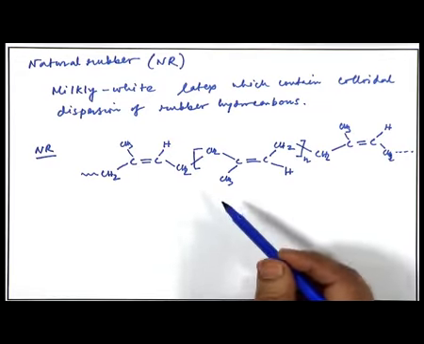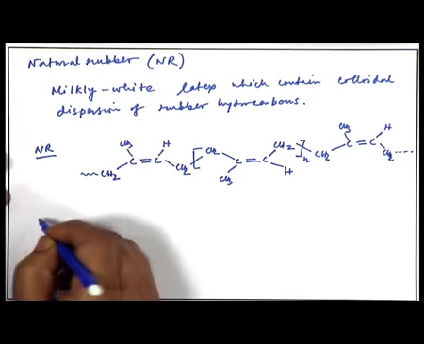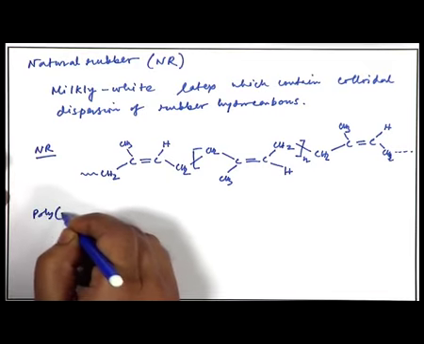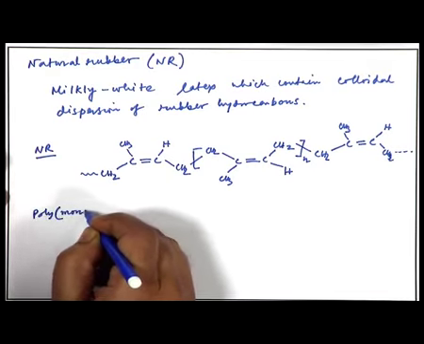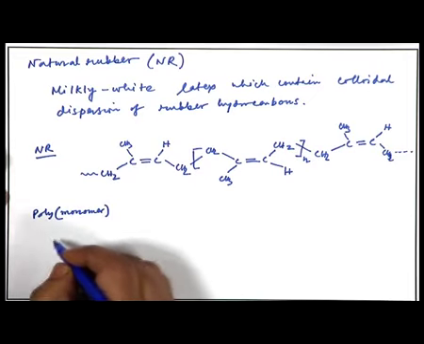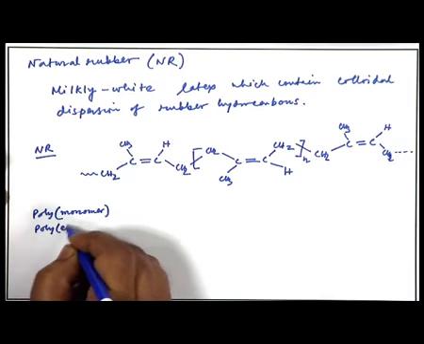If you have to name it, generally polymers are named by adding poly to the monomer from which the polymer is formed. If ethylene is the monomer, we write polyethylene.